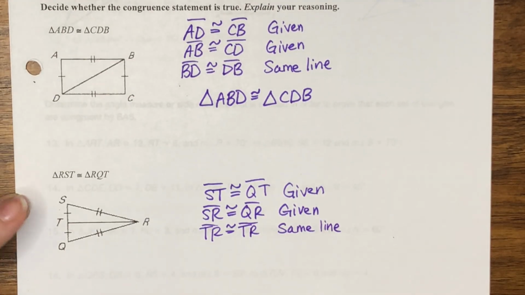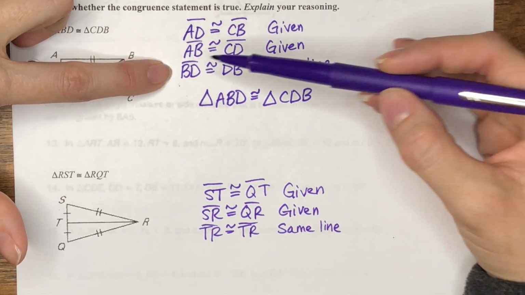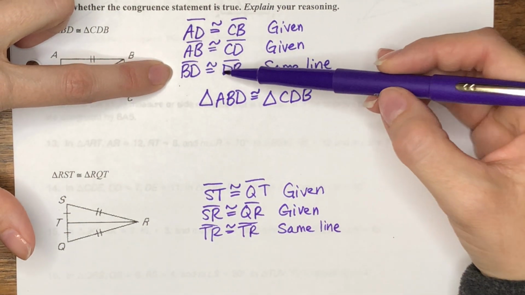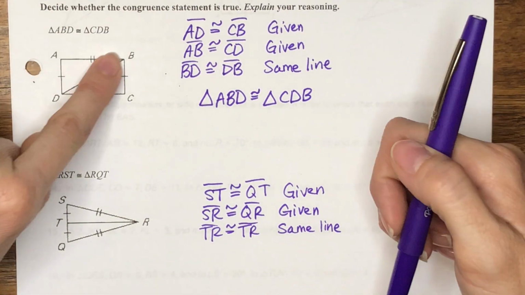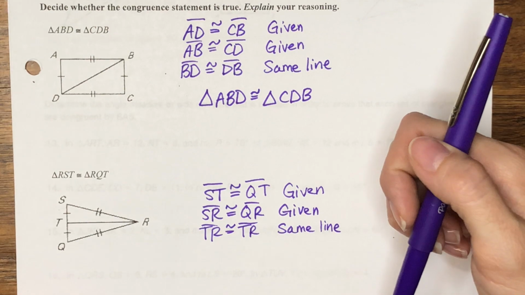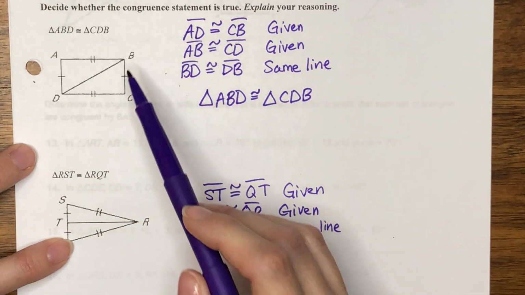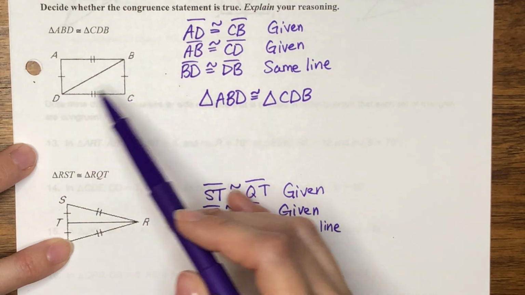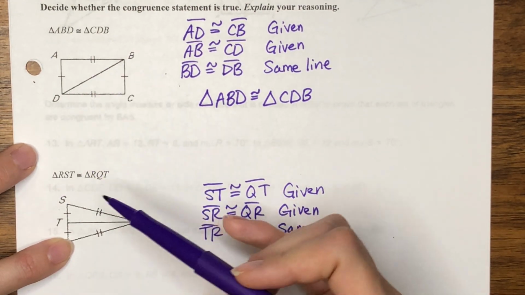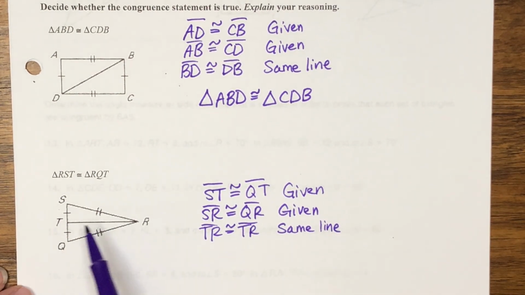Now I want to point something out. When I said that these two line segments were the same, notice that I did BD and DB, because we want things to stay in the correct order. For the top triangle, BD is facing one way, and then in the other triangle, DB is facing the other way. But in this case, for both triangles, the order is the same.